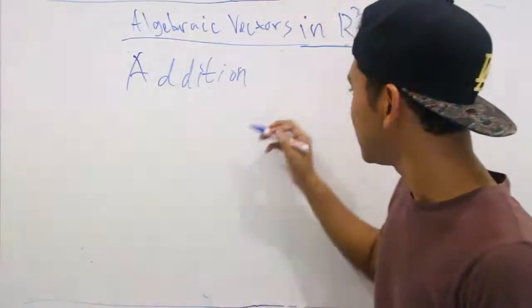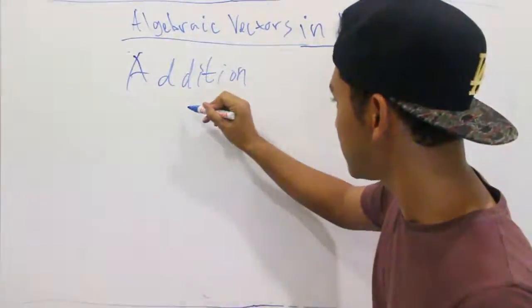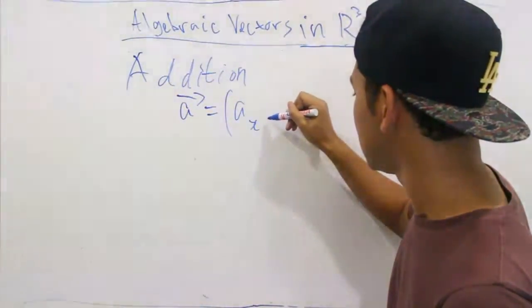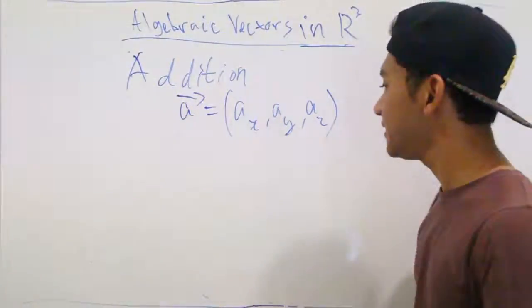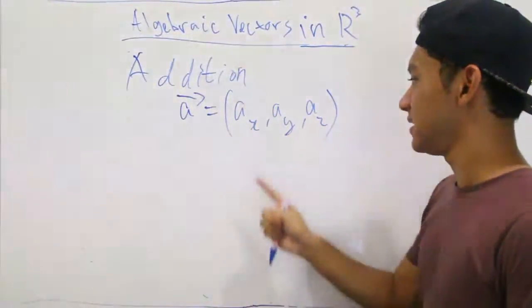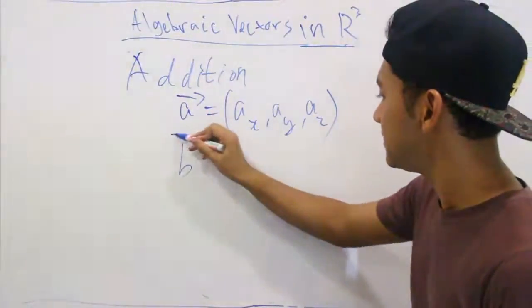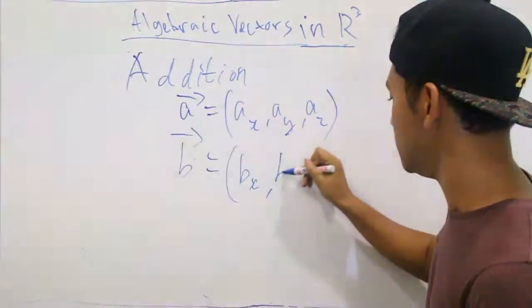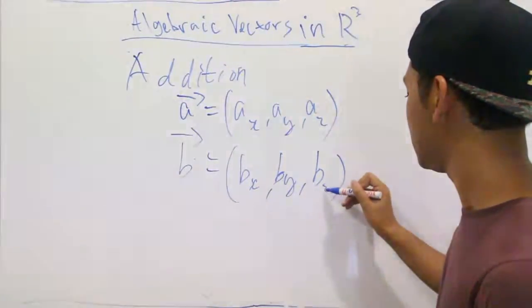Let's say the sum of 2 3D algebraic vectors, vector A is equal to AX, AY, and AZ. Remember, in 3D there are 3 coordinate axes, X, Y, and Z. Let's say vector B is BX, BY, and BZ.